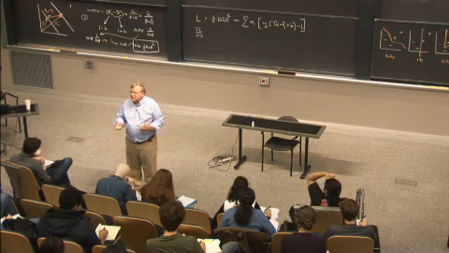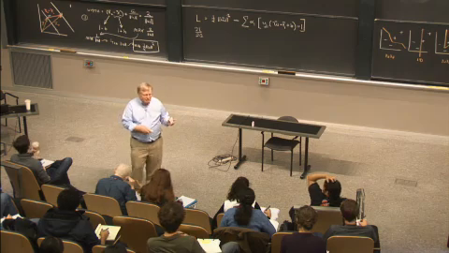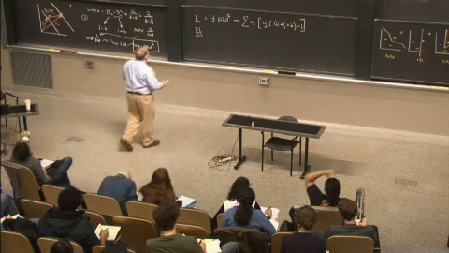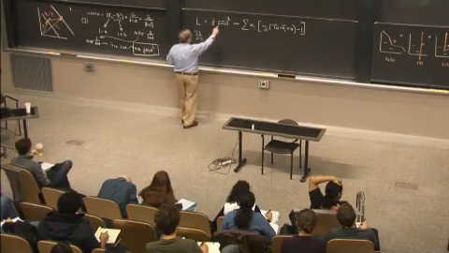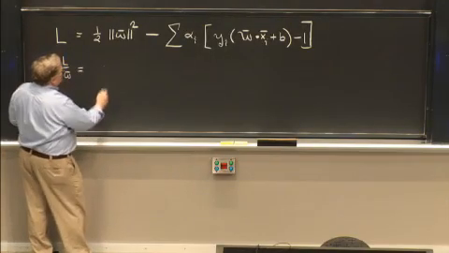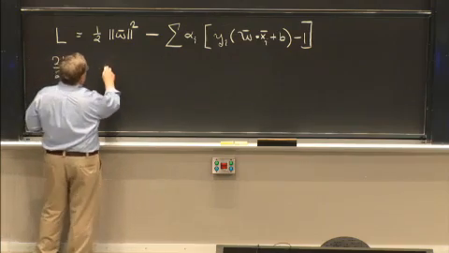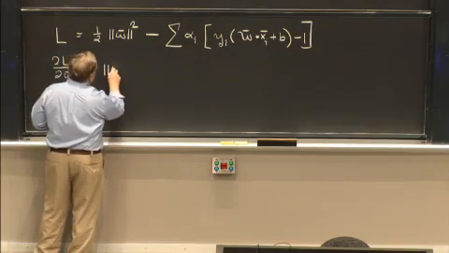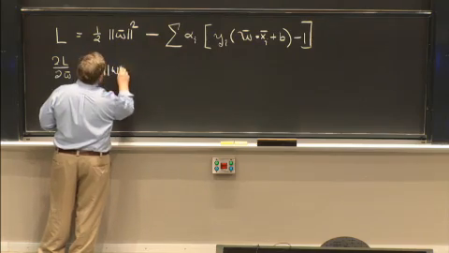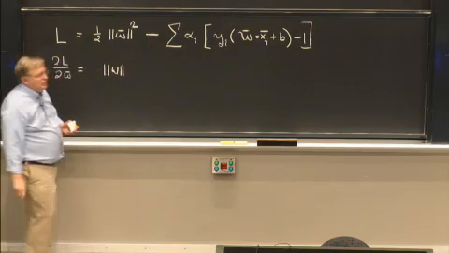You differentiate those with respect to what you're differentiating with respect to, and everything turns out the same. So what you get when you differentiate this with respect to the vector W is 2 comes down, and we have just the magnitude of W. Is it the magnitude of W? Yeah, like so.